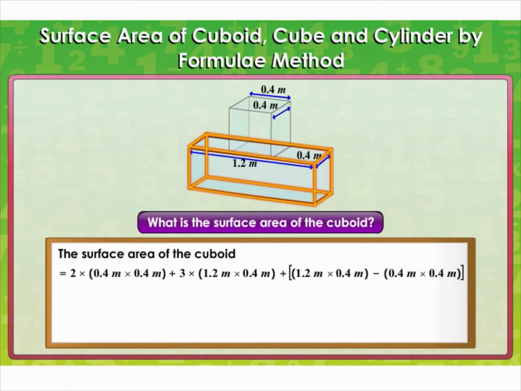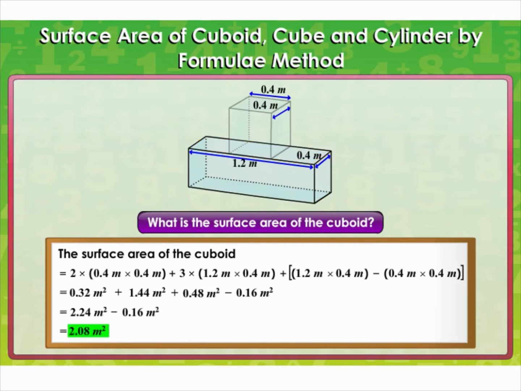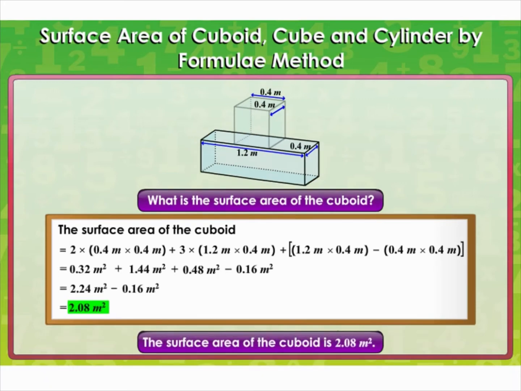Now let's calculate the area of this cuboid. Yes, the surface area of the cuboid is 2.08 square meters.